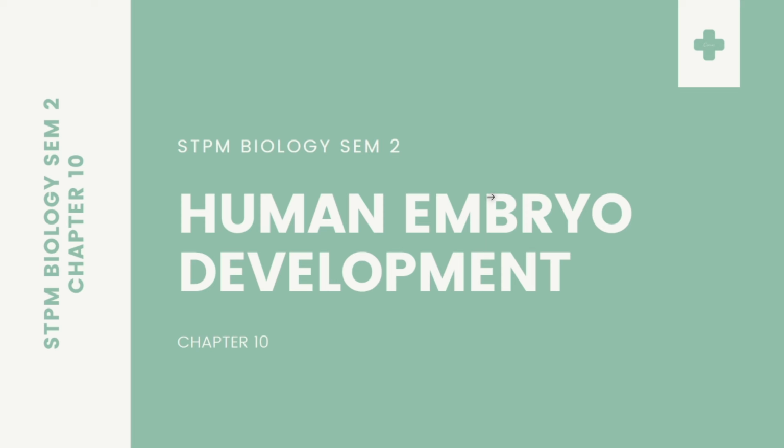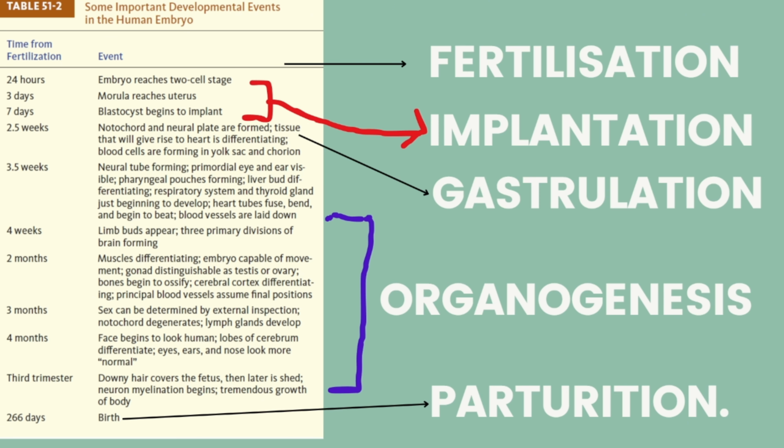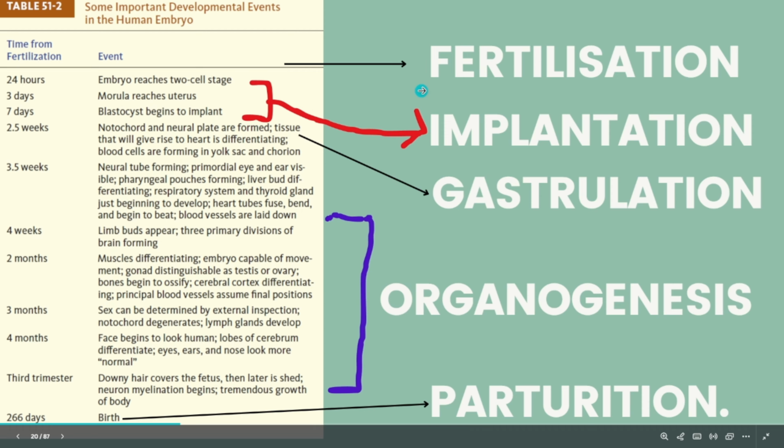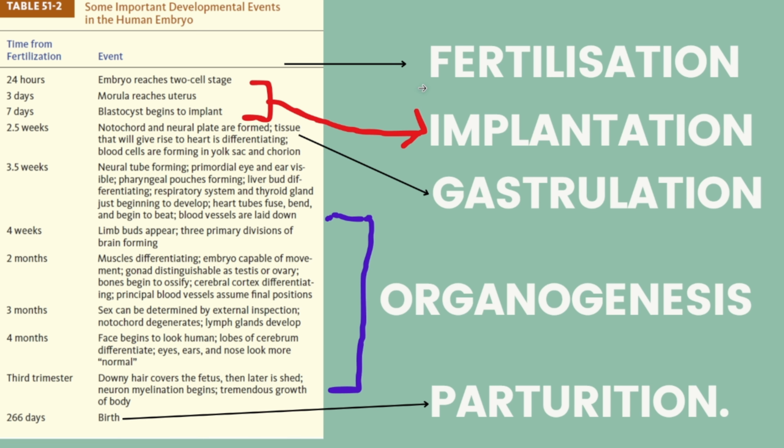So next we go through the human embryo development, meaning how the human embryo is formed, how the baby is formed, and how the birth occurs. So this is the overall process, and these are all the processes that you need to learn in the syllabus.